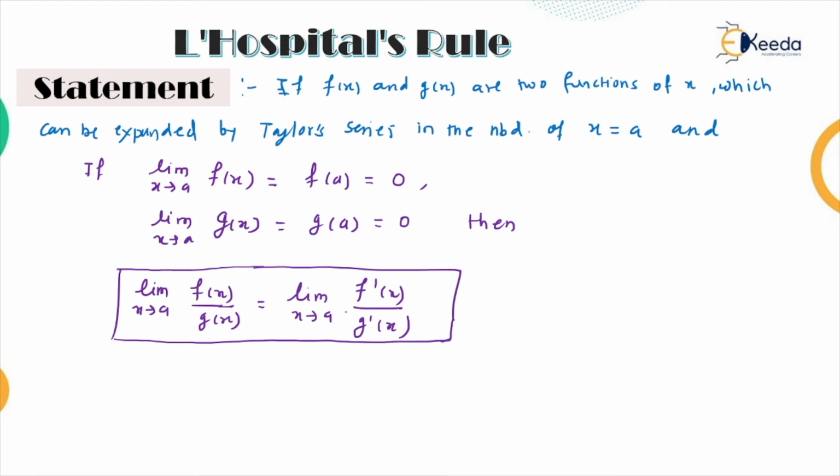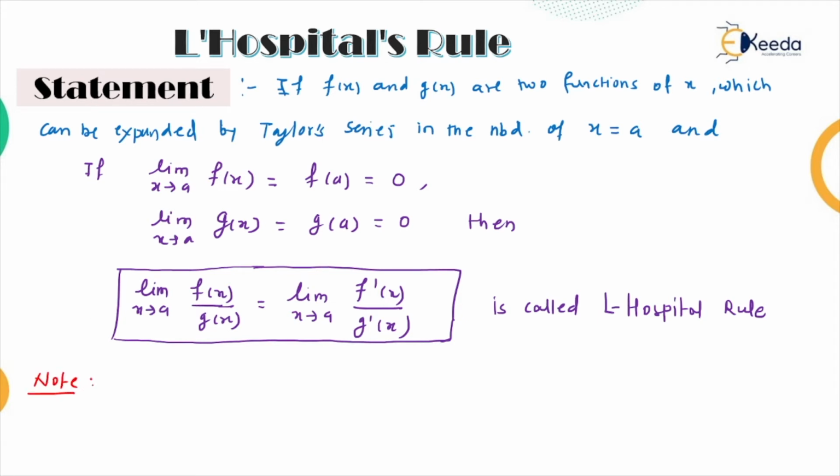So when we use the L'Hospital rule, if the limit on f of x and the limit on g of x are both 0, then you have to use the L'Hospital rule. I hope you understand what the L'Hospital rule is.